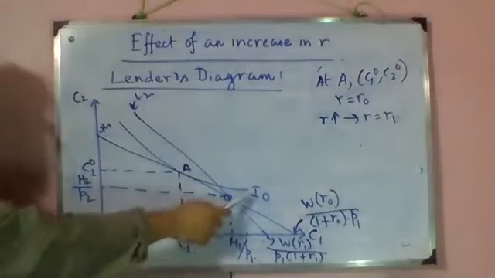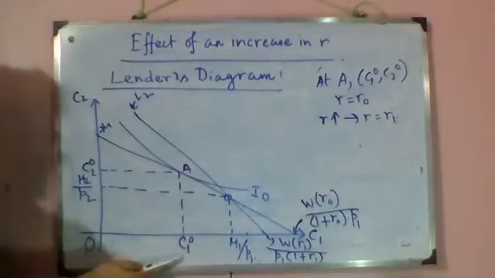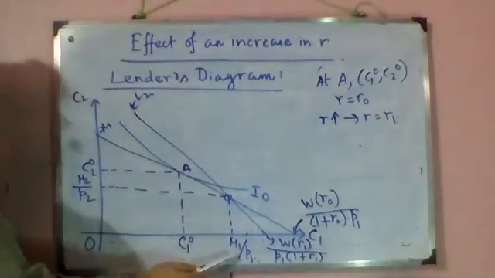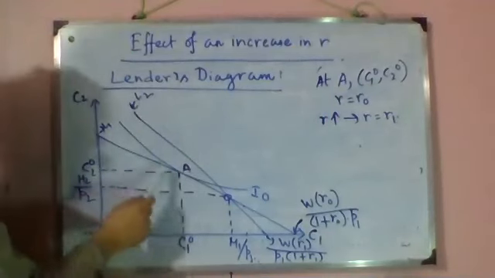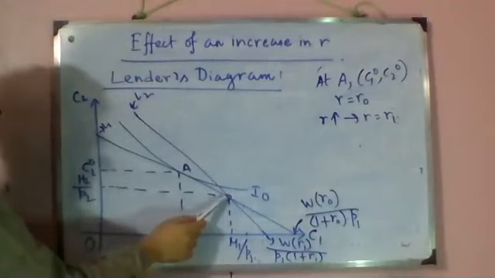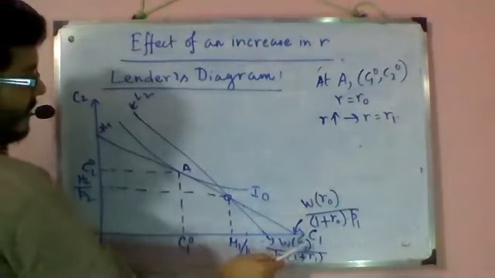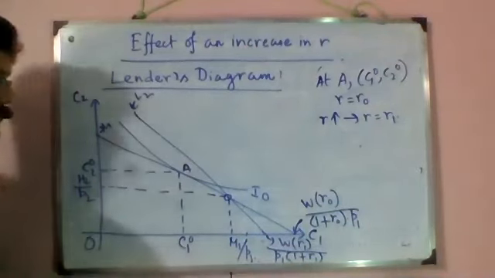This is our initial IC. A is our initial equilibrium. The consumption is at C1 naught, C2 naught. Since C1 naught is less than M1 by P1, lender, the budget line rotates based on this point because it is always available. The steeper budget line L2 comes with a higher interest rate, WR1 by P1 into (1 plus R1).